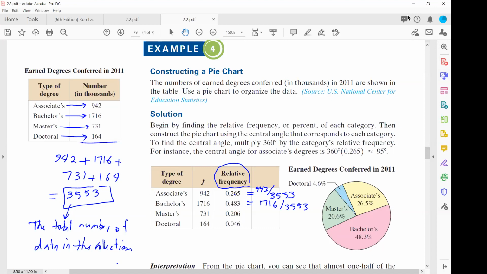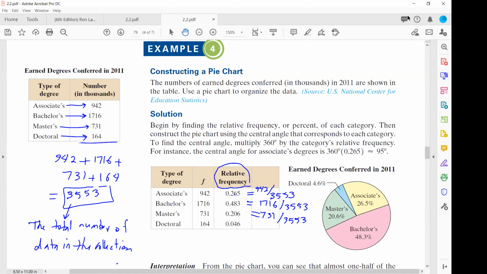Master's degree, here you get 731 divided by 2895, which is equal to almost 21%, 0.206. So 20.6% is for master's degree.